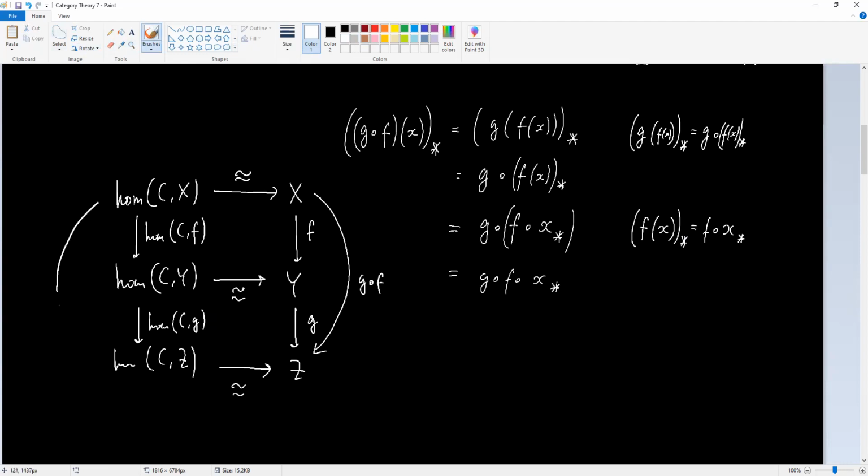We could draw here CG composed with F, right? Now, because this diagram commutes, this one here, let's call this small square one. What does it mean that one commutes? One commutes means exactly that.